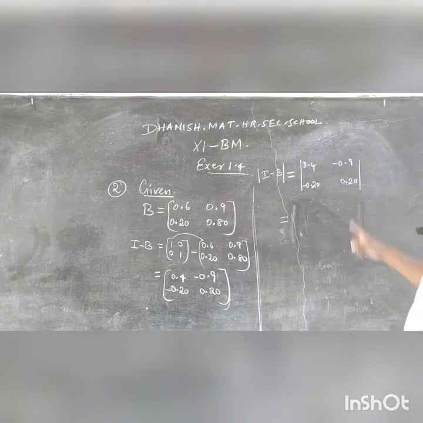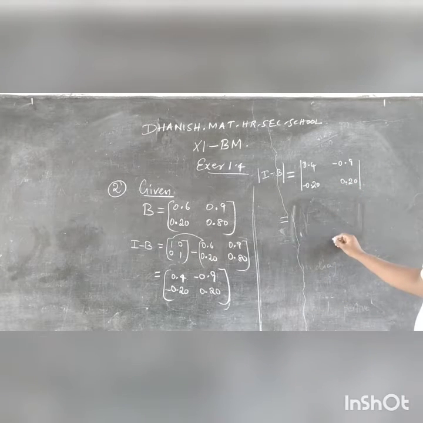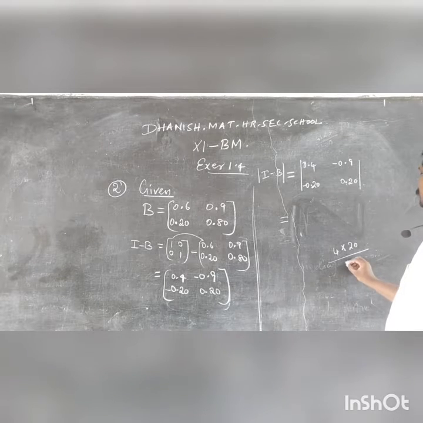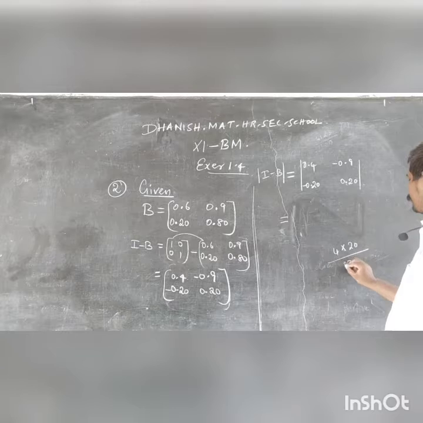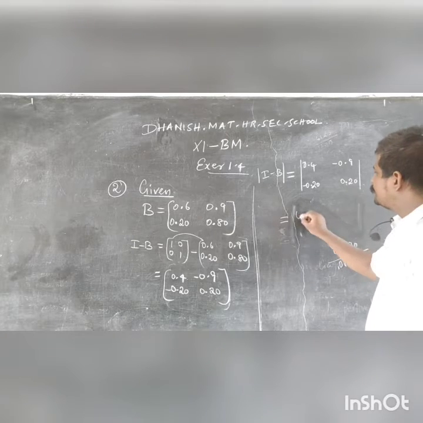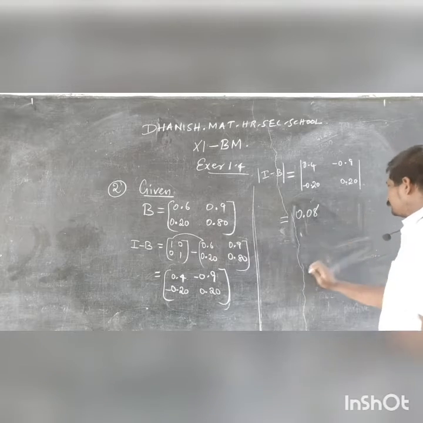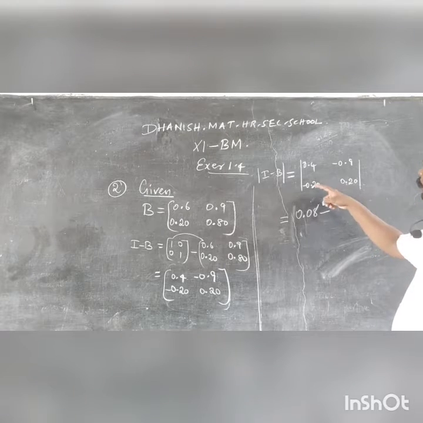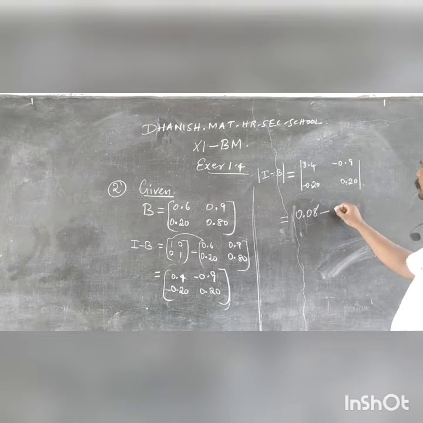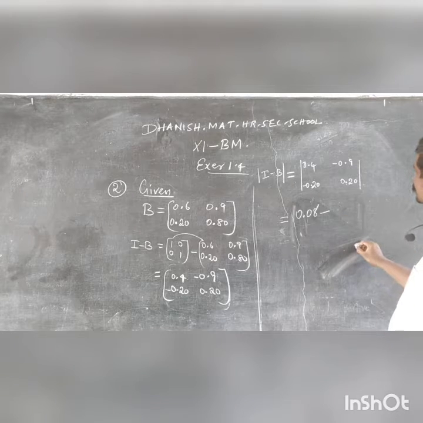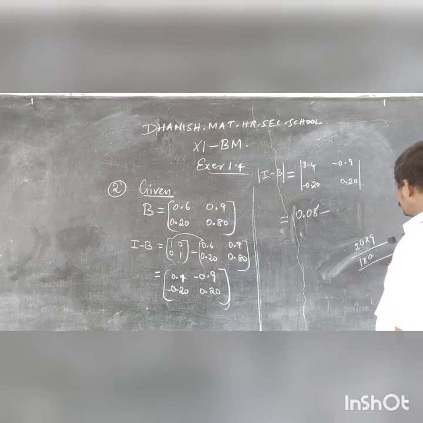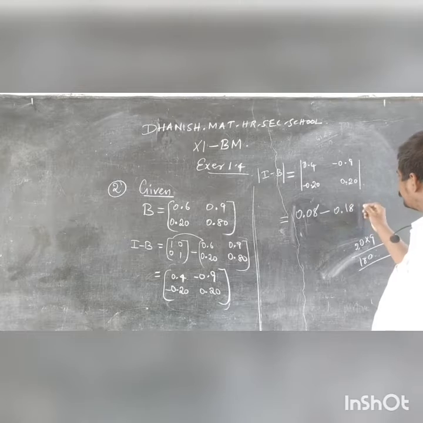If we multiply these two, 0.4 into 0.2, we will get 0.08. Minus, if you multiply these two, you will get 0.180.